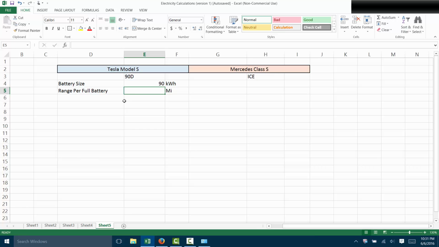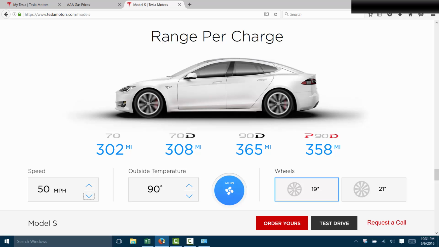So in order to get that number, you're going to need to go to the Tesla website and find the calculator that you see on the screen. One of the things to realize about the Tesla is that it works the opposite of an ICE.